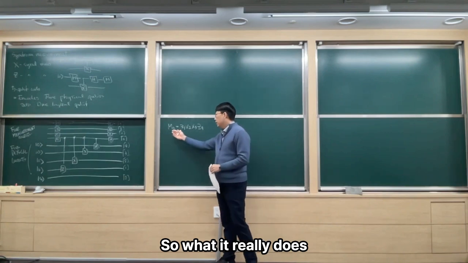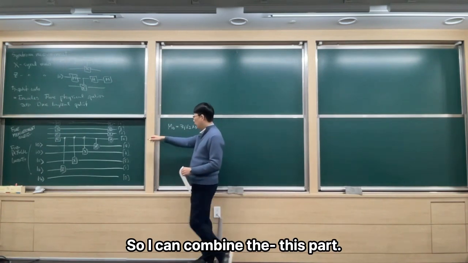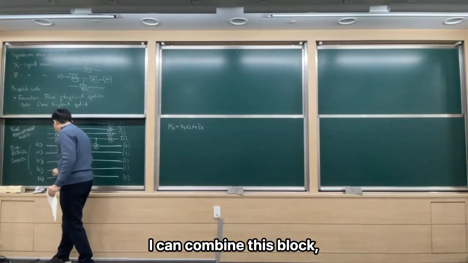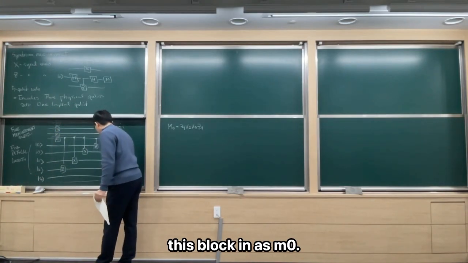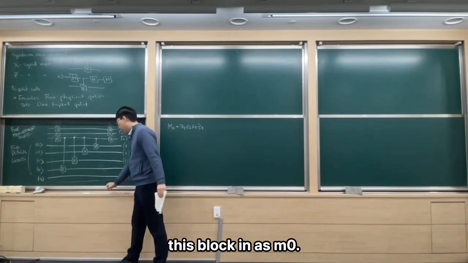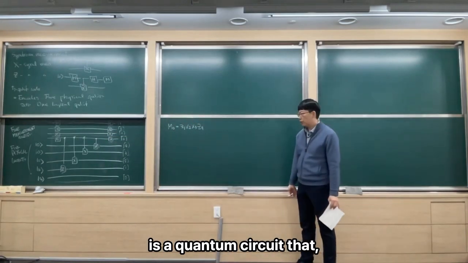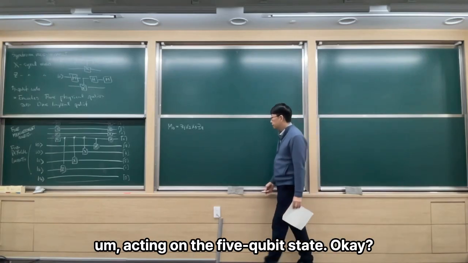So what it really does is that I can combine this part, I can combine this block in as M0. So just pretend that this M0 is a quantum circuit acting on the 5-qubit state. Okay.